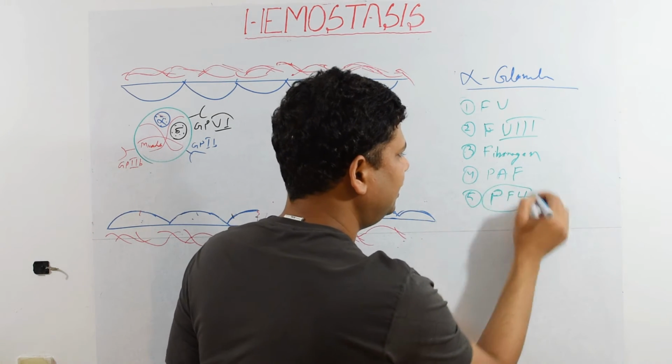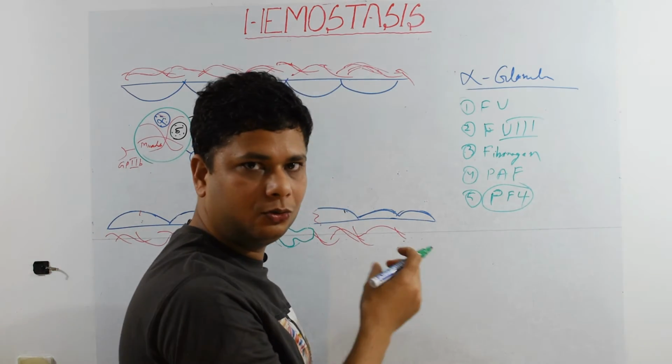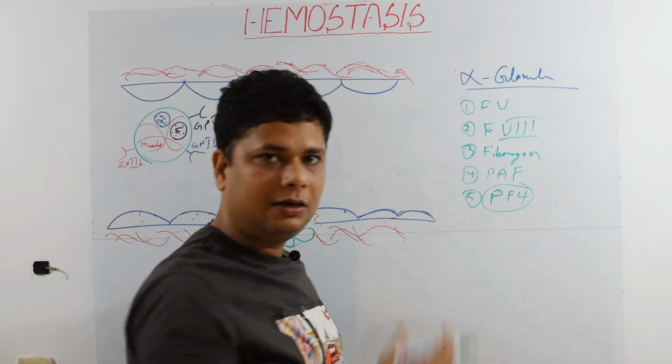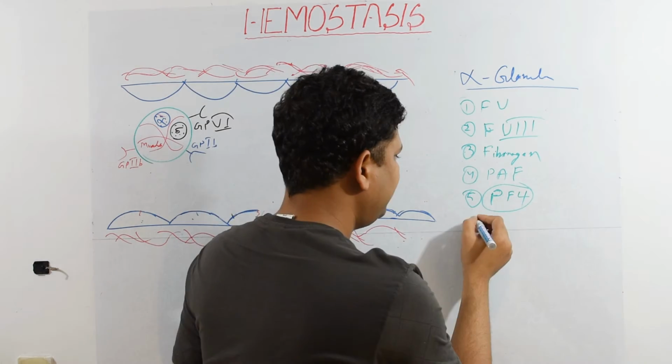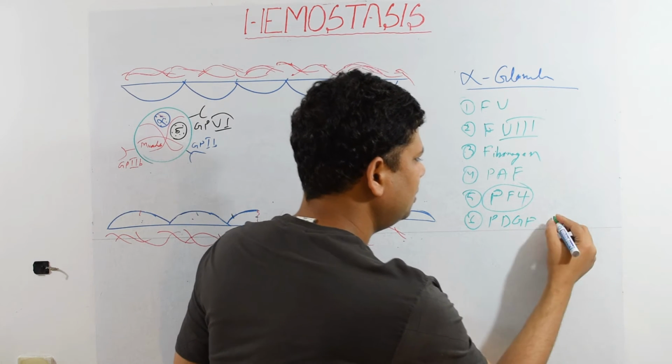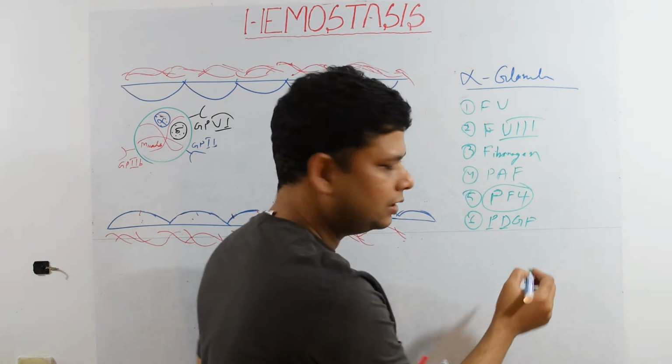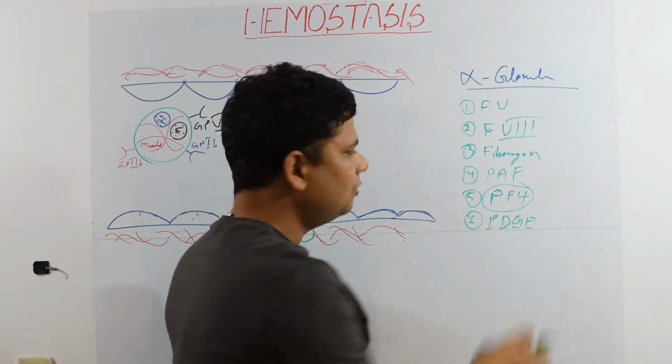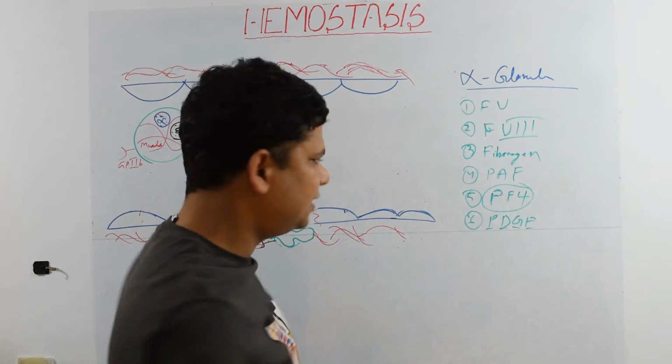This one is a little important when it comes to the vaccine, like the AstraZeneca vaccine. And sixth, PDGF, platelet derived growth factor. We'll talk about the function of these factors.